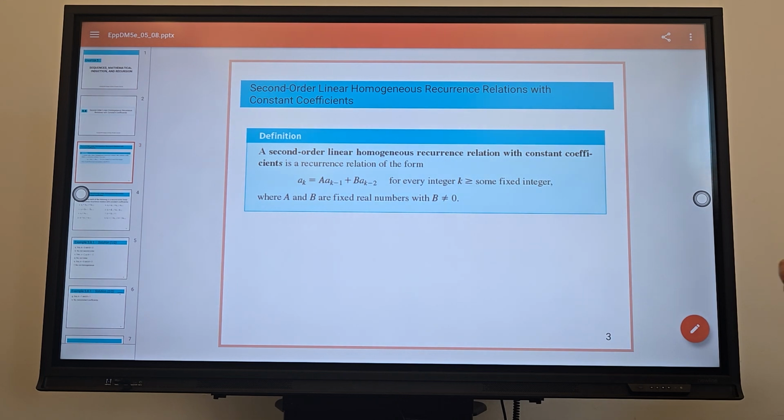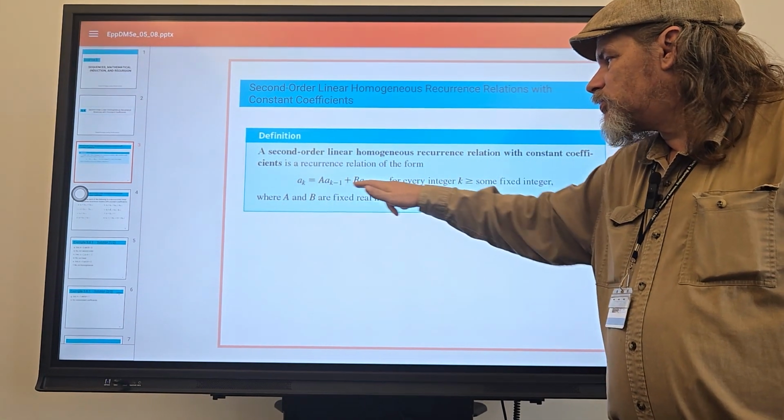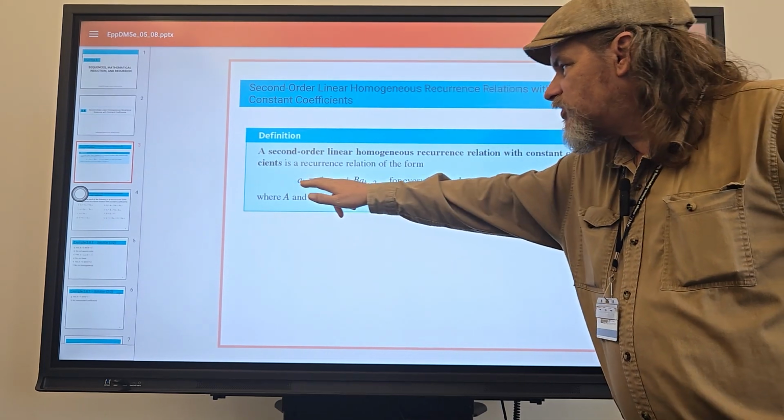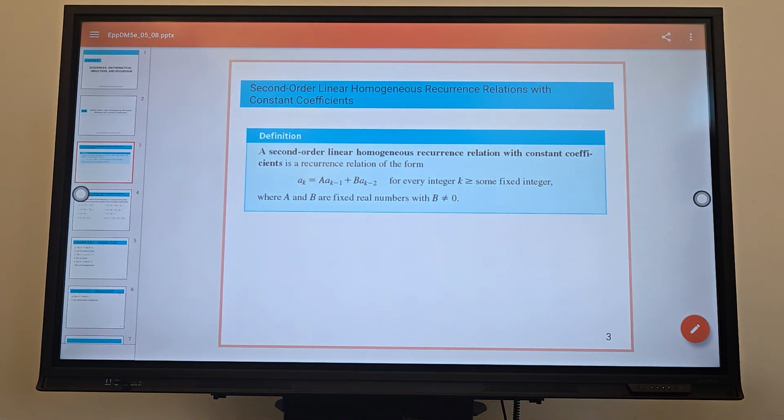Okay, homogeneous: the two previous terms come from the same sequence as the term you're looking for. Homogeneous means same form or same shape. Like a relational database, all the records are the same shape. It's a homogeneous database.